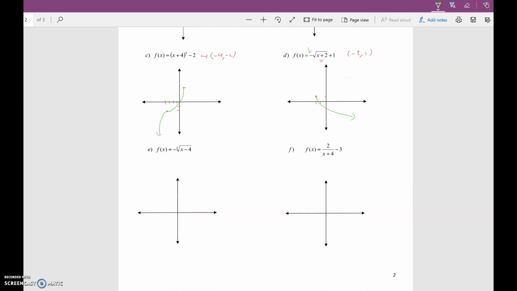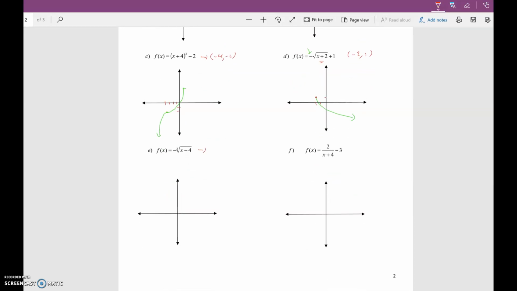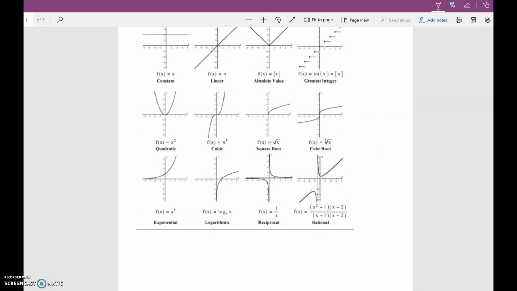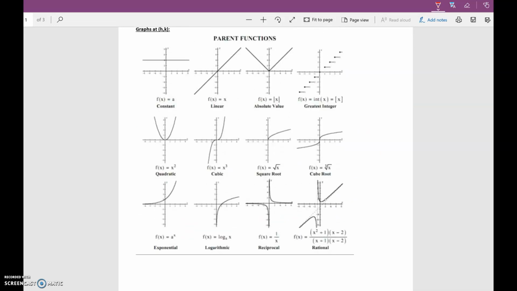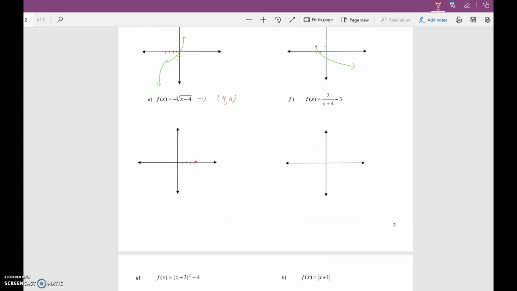So let me take a look at E. The reference point of E is technically 4 comma 0. So 1, 2, 3, 4. And then this one is a cube root. So your cube root, I don't think we've drawn one of these. It's going to be this specific one, except at the new position.